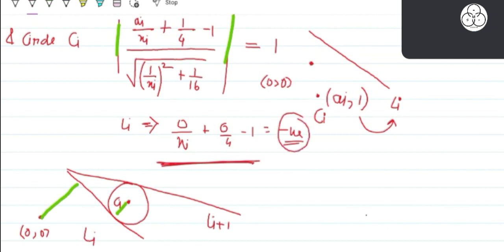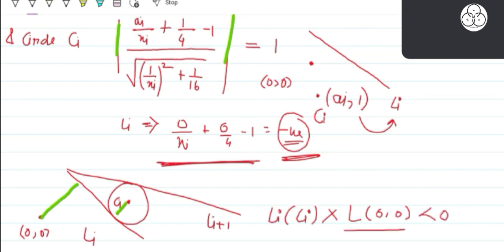That means what? When we put the coordinates of the center into Li, since the value of Li(0, 0) is negative and they lie on opposite sides, the product is negative.